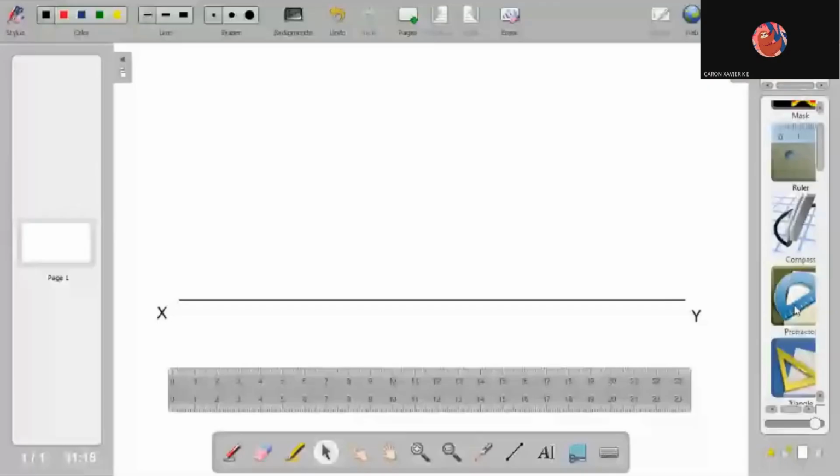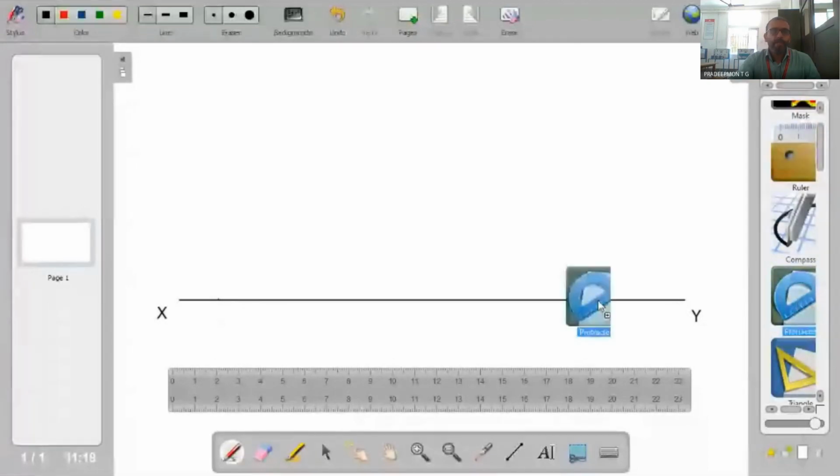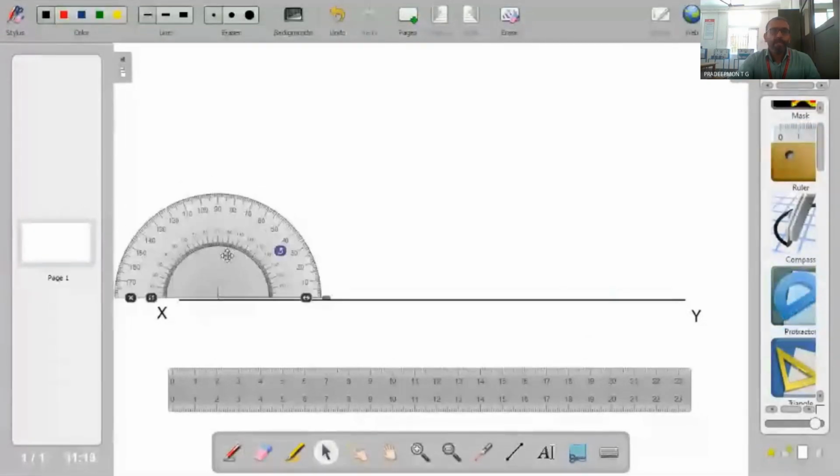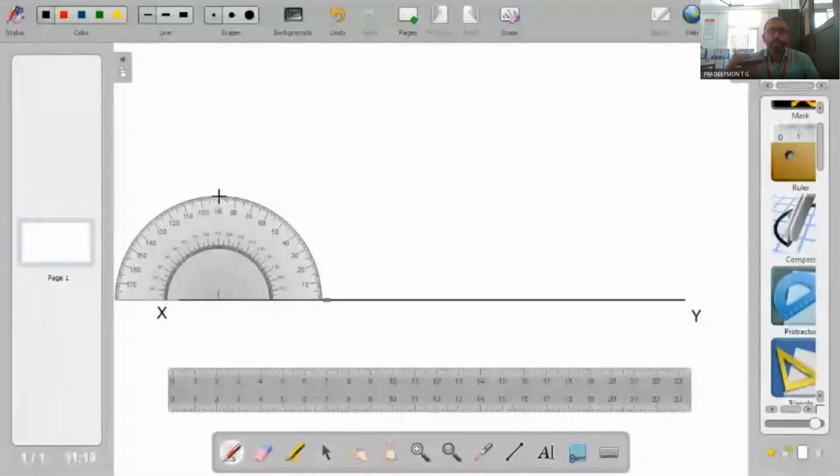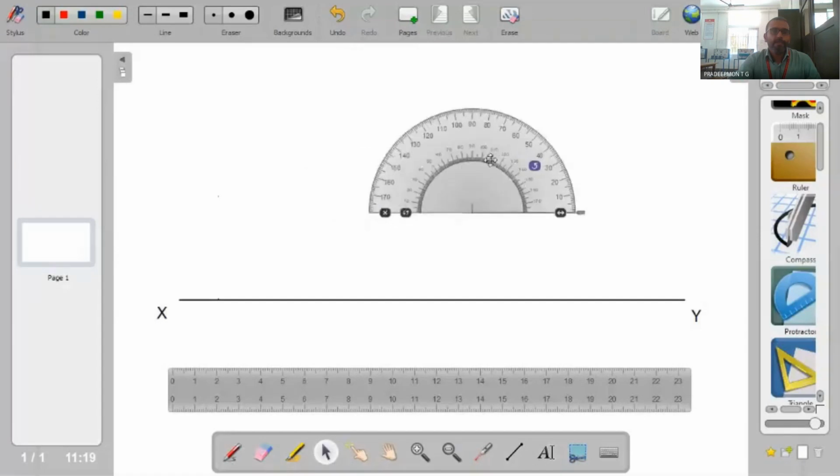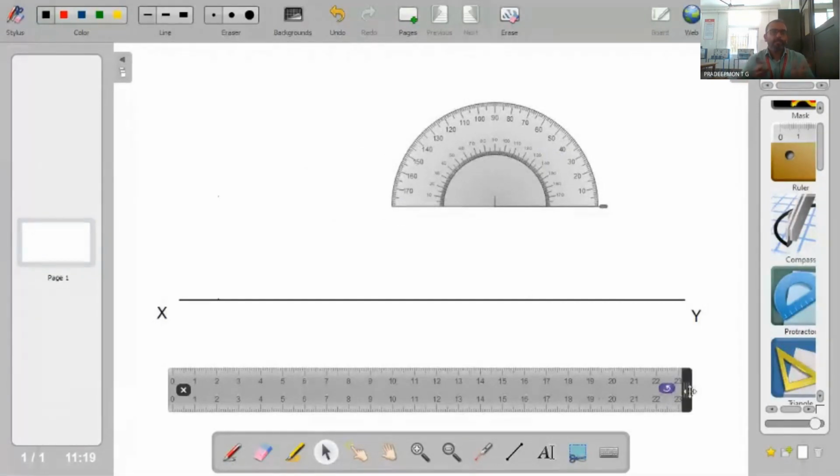In order to draw that, first I mark a single point here, somewhere on this line towards the left side. Then use the protractor to mark a 90 degree. So the drawing is done.